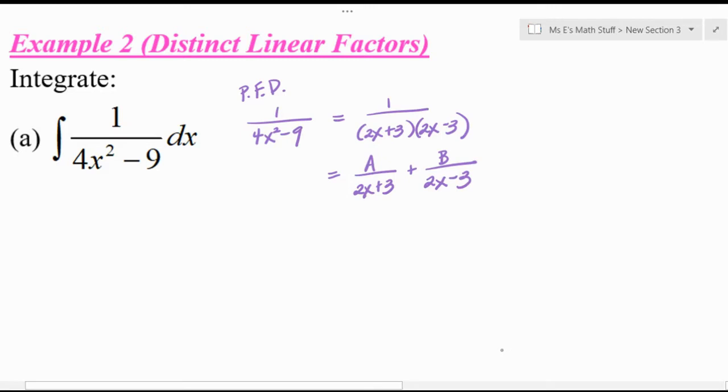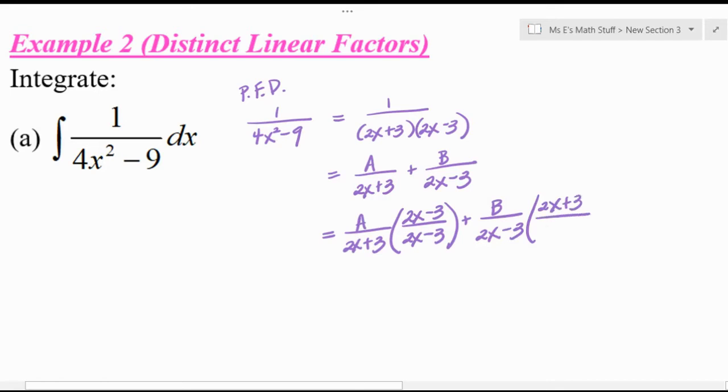So anyway, let's see, common denominator, we'd end up with A over 2x plus 3 would get multiplied by 2x minus 3 over itself, and B over 2x minus 3 would need to be multiplied by 2x plus 3 over itself.